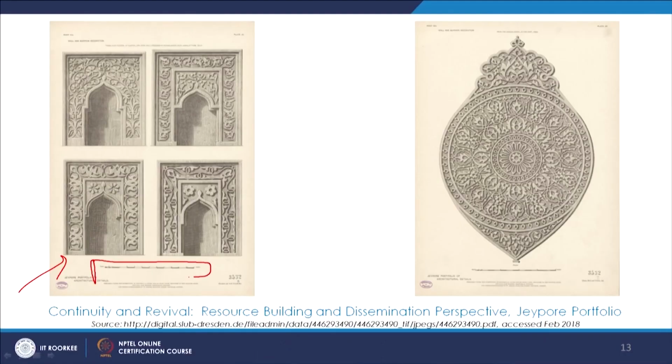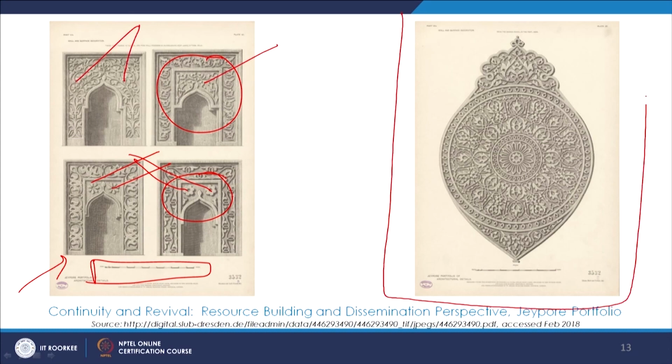Again, continuing with the Jaipur portfolio, again we see a lot of details and documentation which is done, and this resource hub is being created by adding details. These are some more details on scale, and with all the details. This is different, this motif is different, here the detailing is different, and then over here.